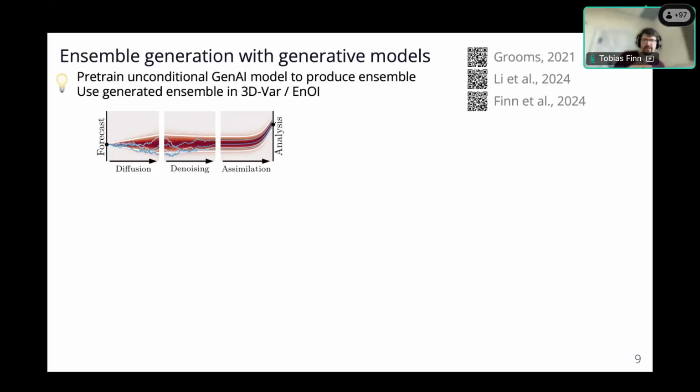And so we have done this in a paper in 2024, where we actually used such a generative flow diffusion model. Meaning what we did is we had a deterministic forecast from a physical model, which was here Lorenz 63, so really a toy model. And what we then did is we had our forecast.